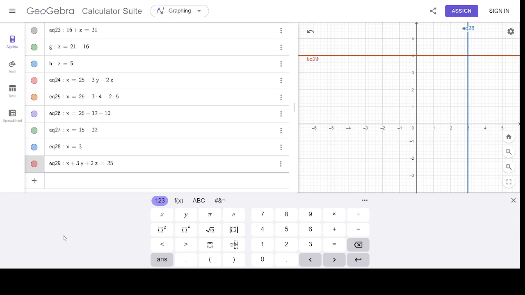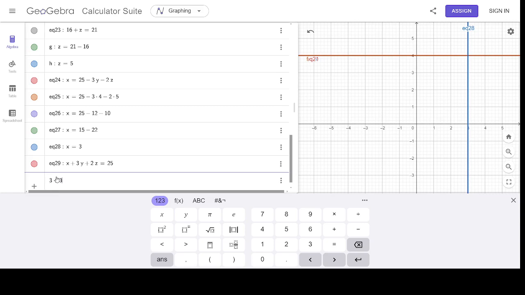X is 3 plus 3y, y was 4. Let me use elementary mathematics language.